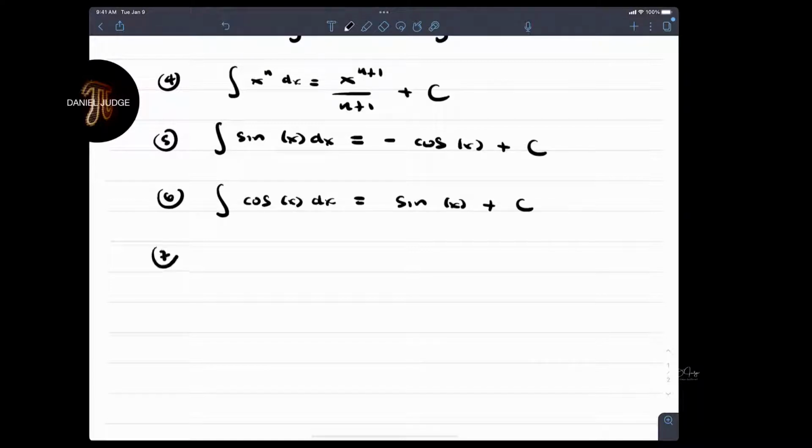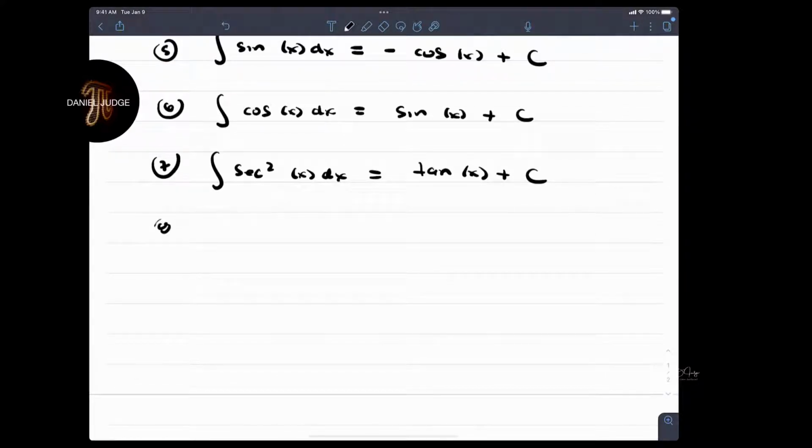So these are some properties. Remember, the antiderivative of secant squared will be tangent. Cosecant squared gives minus cotangent.